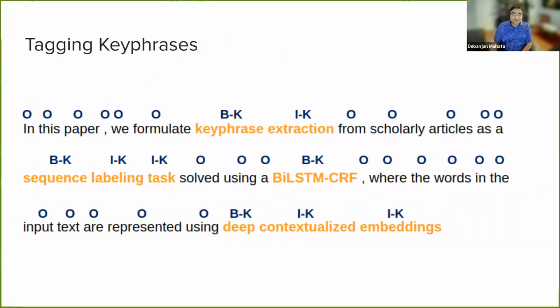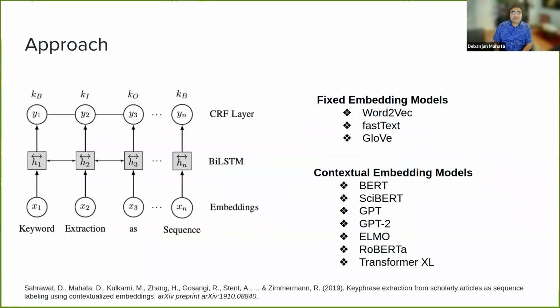So in treating key phrase extraction as sequence tagging, you simply take these documents and tag the key phrases using any of the popular tagging schemes. For example, in this example, we have tagged it with the BIO scheme, and you train a BiLSTM CRF model using any of these modern contextual embeddings, and you get awesome results.